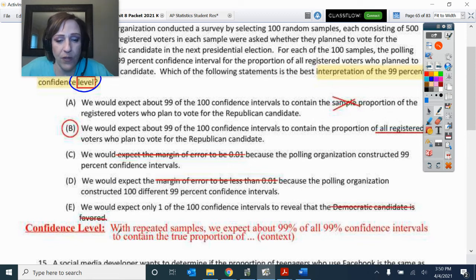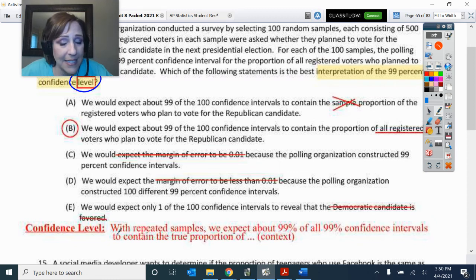Here is just kind of a general information for confidence level. If we sampled many, many times, if we repeated many samples, then how many would we expect? About 99%, and what size interval of all the 99% confidence intervals to contain the true parameter, the true population proportion, or the true population mean. If it talks about containing a sample, it is out.